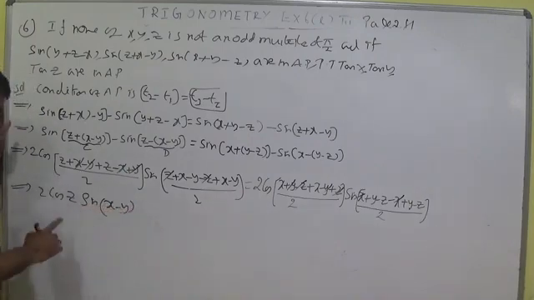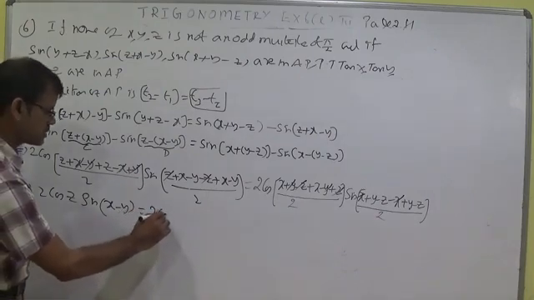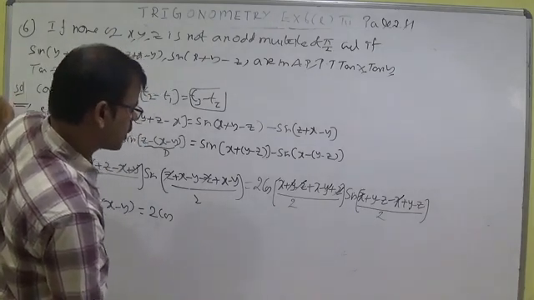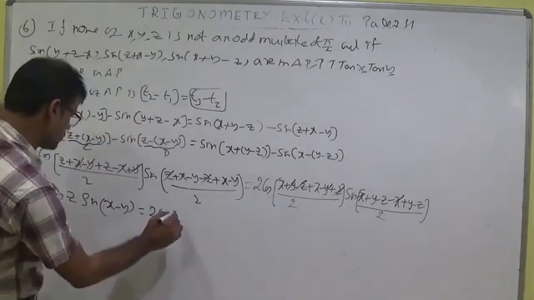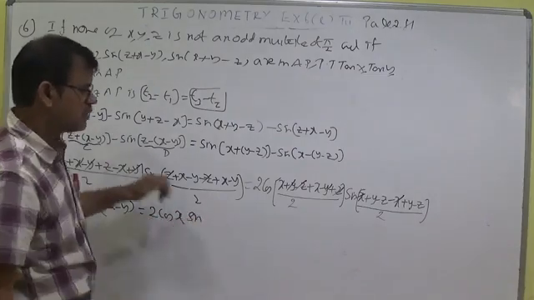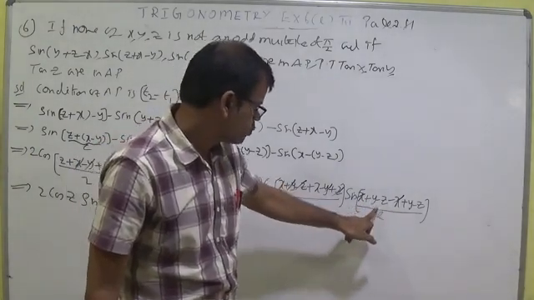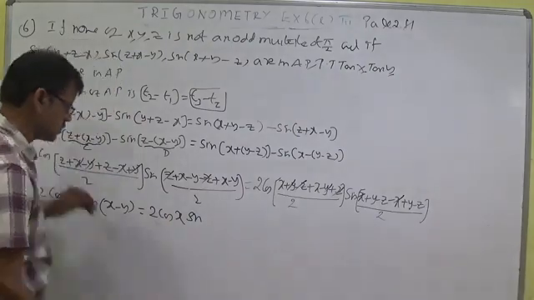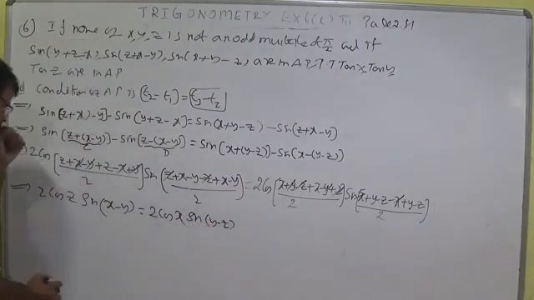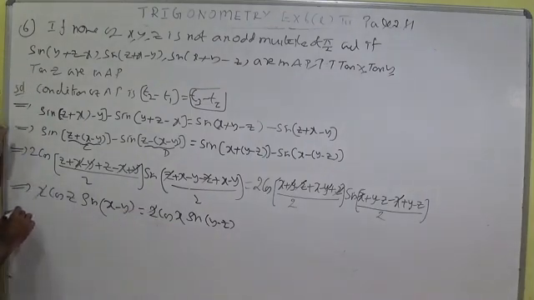You can write 2 cos Z, X minus Y is equal to 2 cos of, here we got 2x by 2, 2x by 2 meaning x, into sin of, this is 2y minus 2z, so it is y minus z. 2 got cancelled.